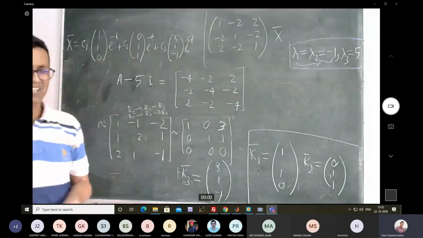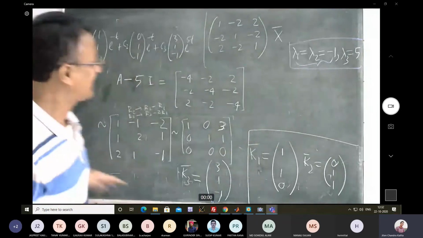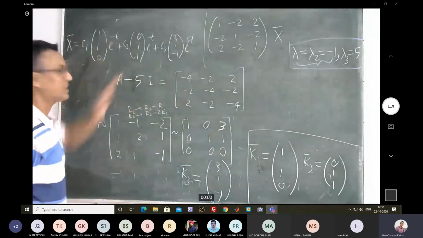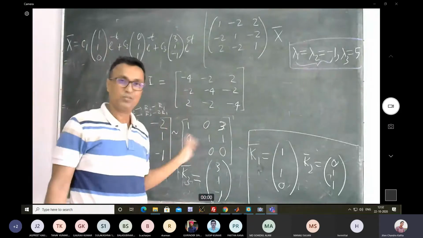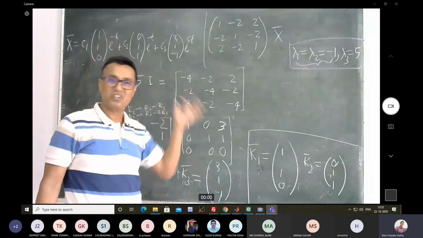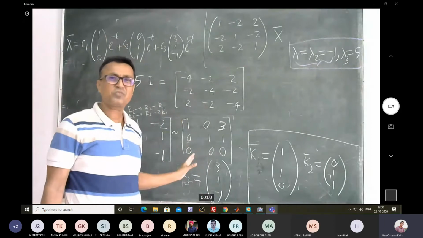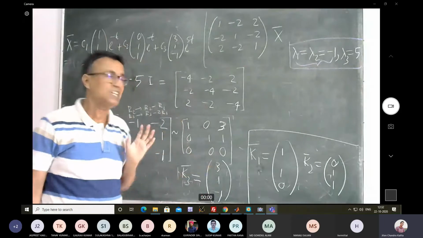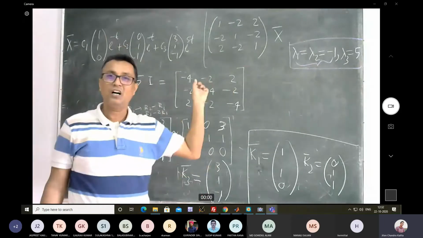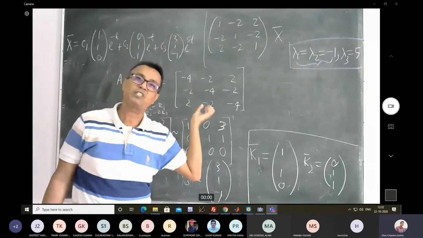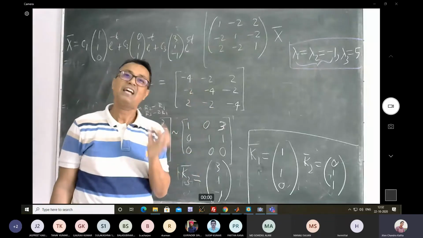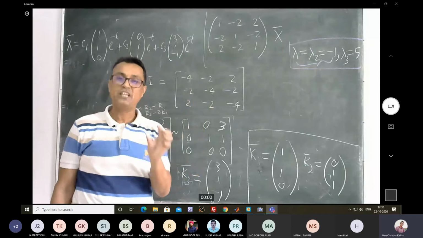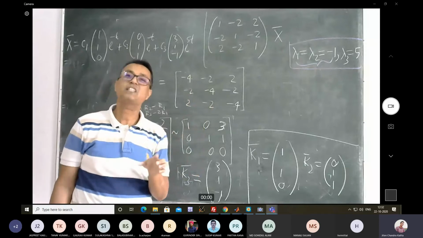Even now, see, this particular problem of solving the differential equation was kind of straightforward, isn't it? We were lucky that corresponding to an eigenvalue of multiplicity 2, we were able to find exactly 2 eigenvectors, which were linearly independent.